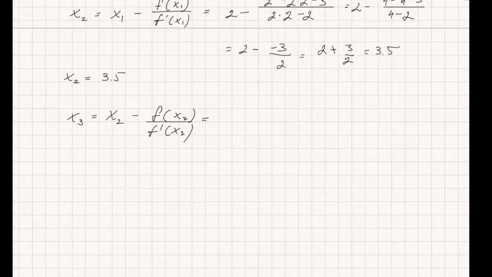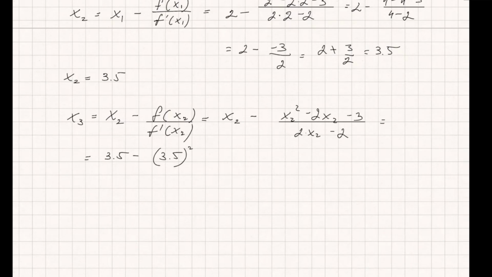Let me write it first as just a function: x2 minus (x2^2 - 2 times x2 - 3). So this is my f of x. And then I divide it by 2 times x2 - 2. So this is my f prime of x. Now when I plug in values, I have 3.5 minus 3.5.